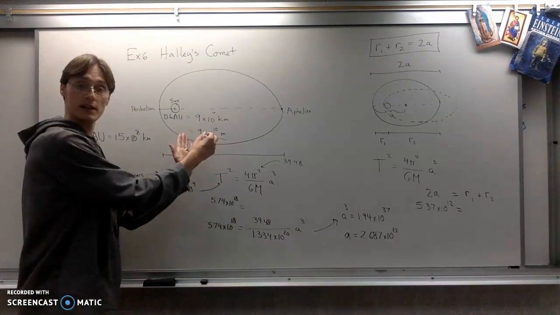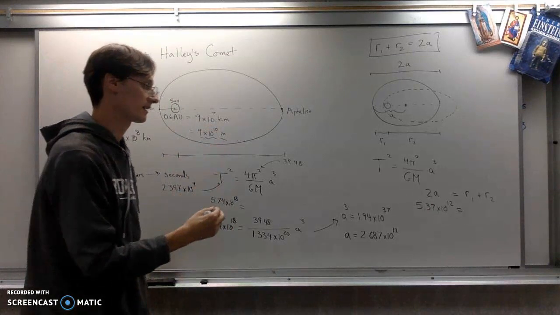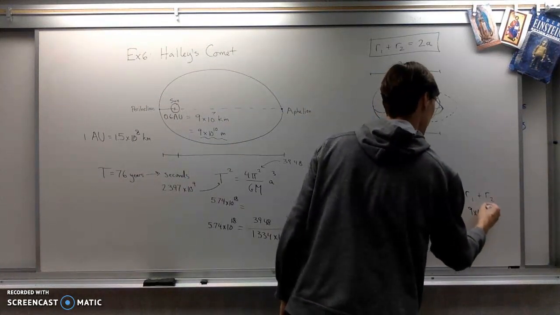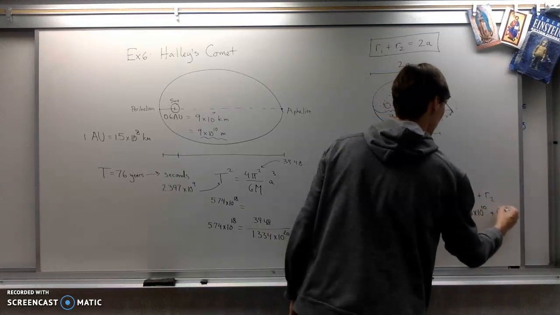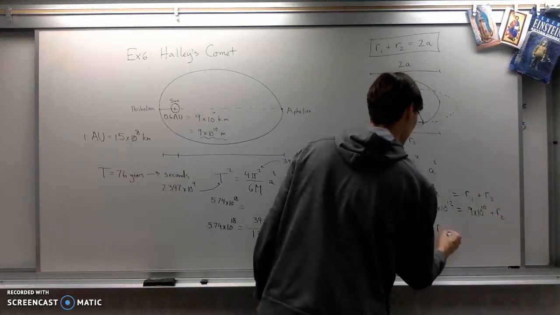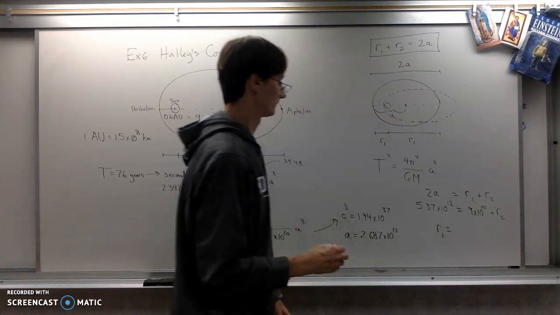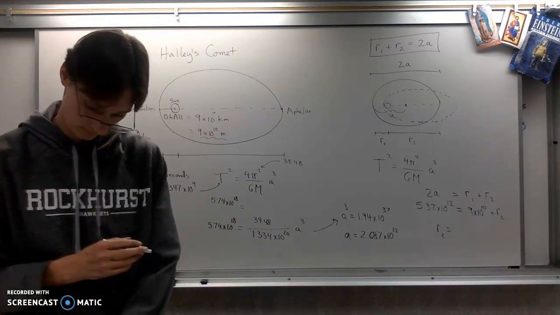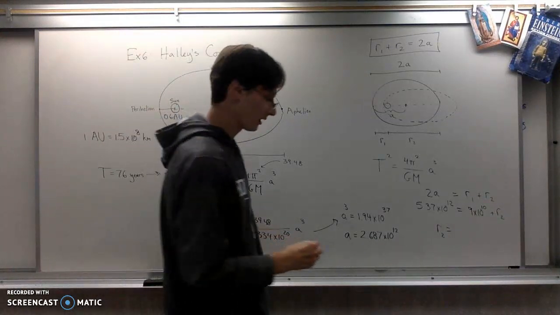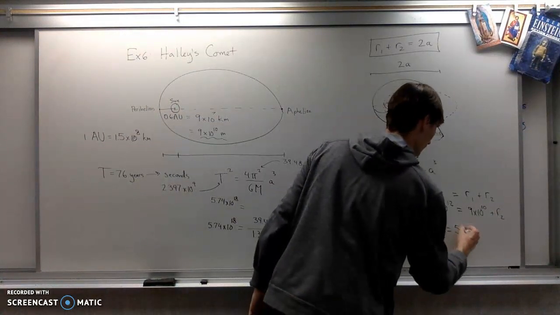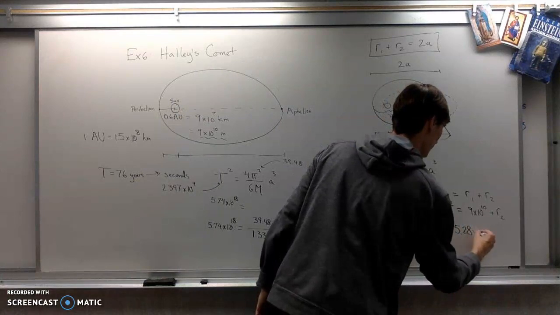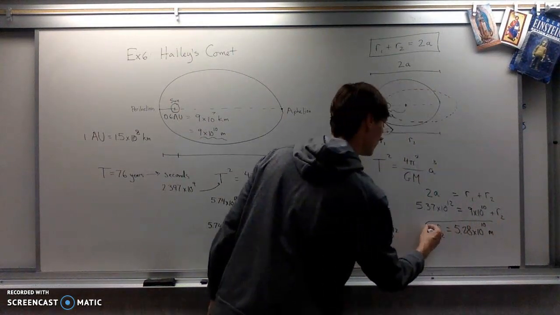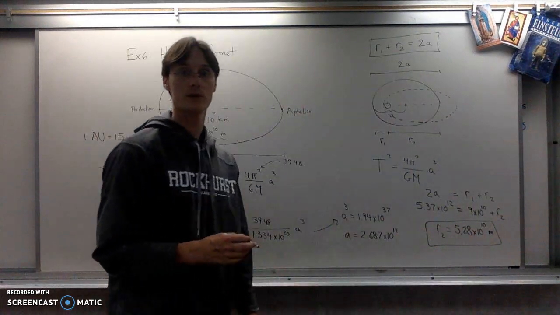As we learned over here, R1 is 9 times 10 to the 10th. So that means that R2 is 5.28 times 10 to the 10th. All right, well, that was what we wanted to know.